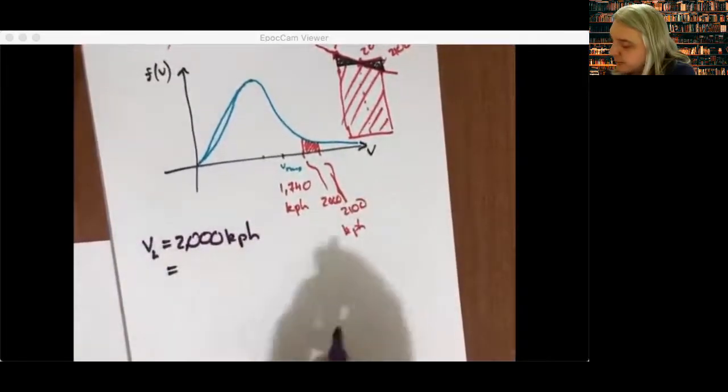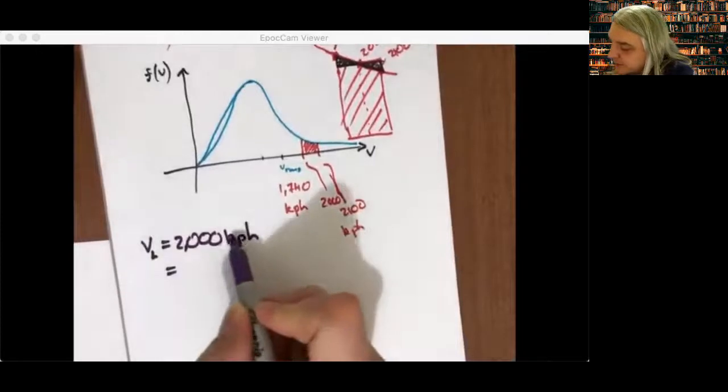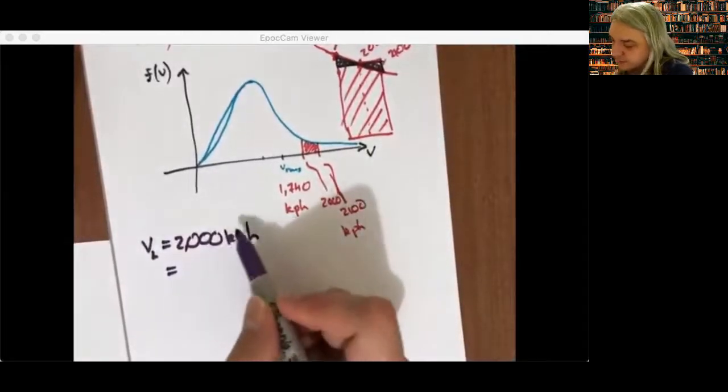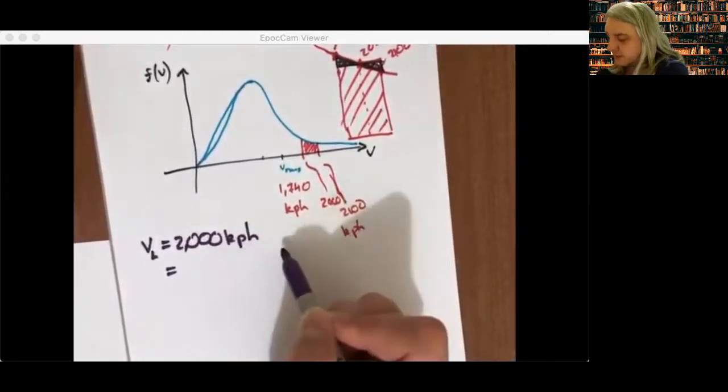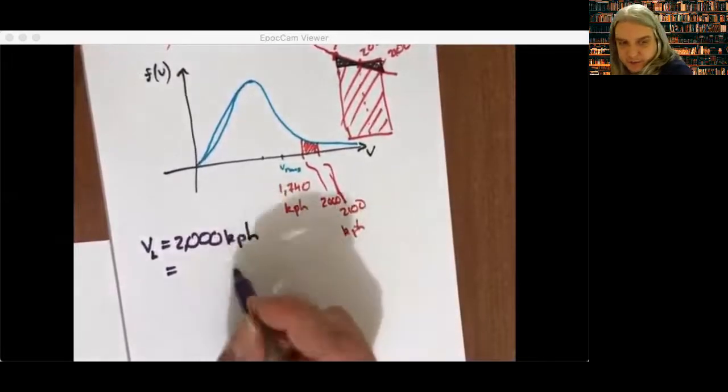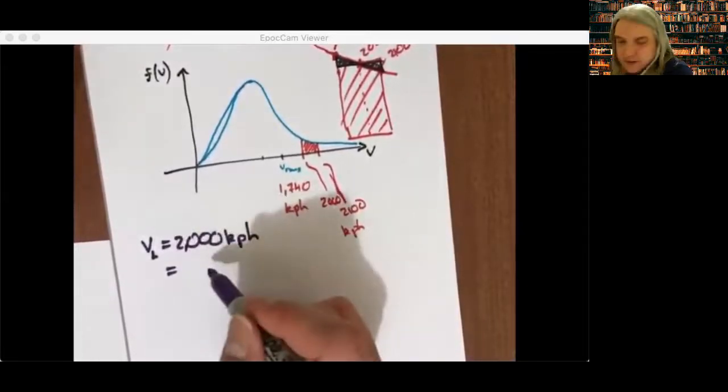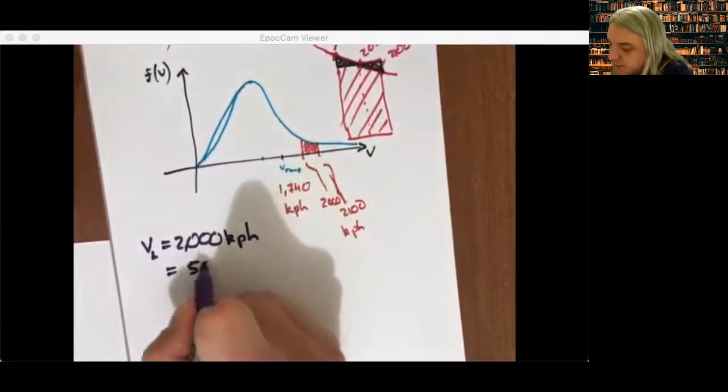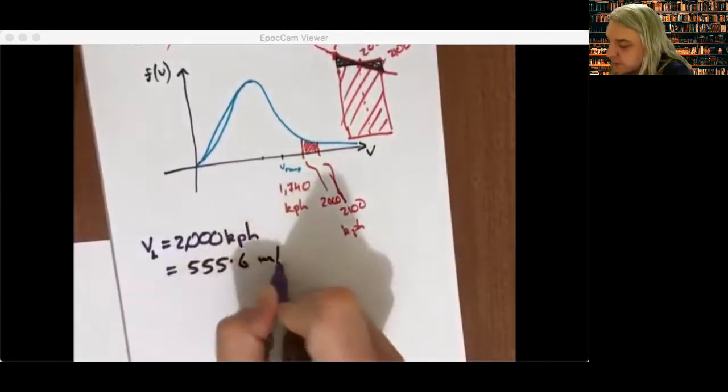You all should remember how to do that. Times by 1,000 will turn it into meters, and then dividing by 60 twice will turn it into minutes and then seconds. So to get meters per second, we multiply by 1,000 and divide by 60 squared, and that comes out to be 555.6 meters per second.